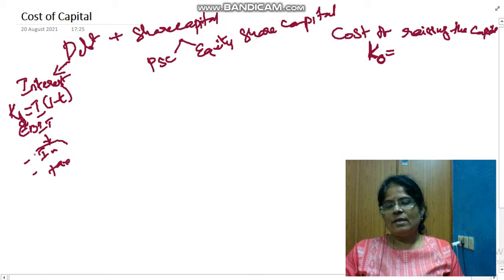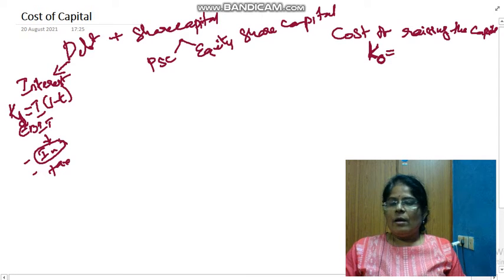It means that whatever interest you are paying is not taxable. Because of which this amount avoids paying a certain amount towards the tax. That is what we are considering as cost of debt as I into 1 minus T. So cost of debt is equal to I into 1 minus T.